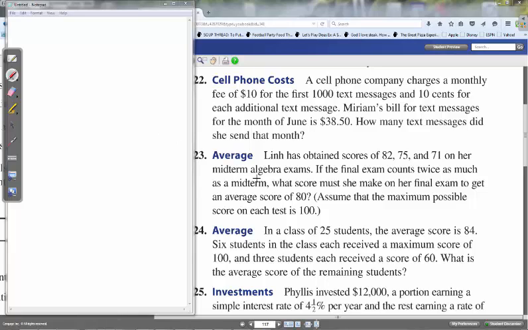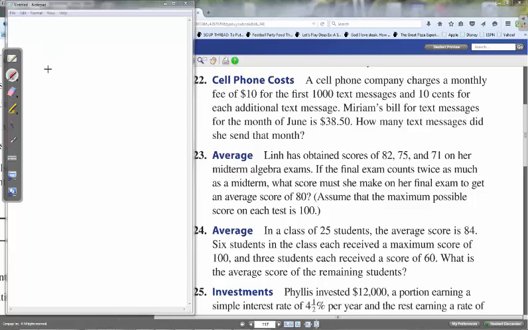Alright, so this is a set of exams, and we want to end up with an average score of 80. Well, how do you average exams? You add them all together and divide by how many you have.